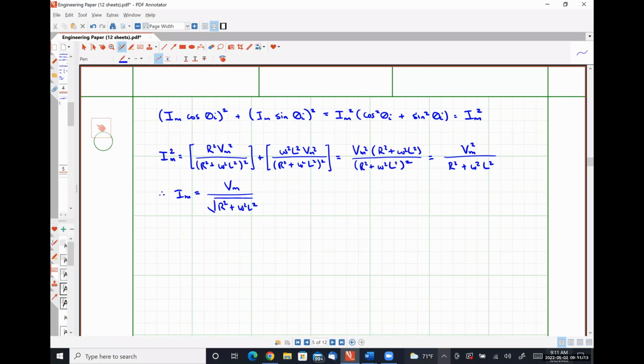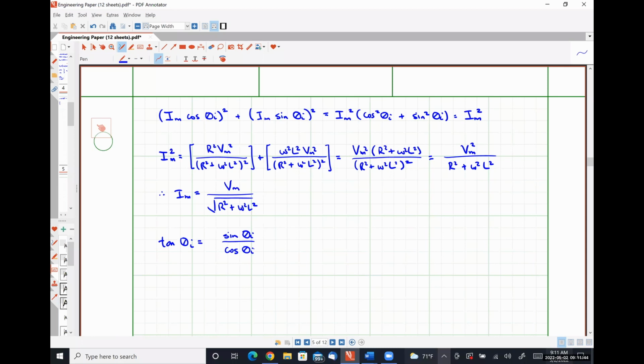To get our phase angle, we know that tangent of theta I is equal to the sine of theta I over the cosine of theta I, right?